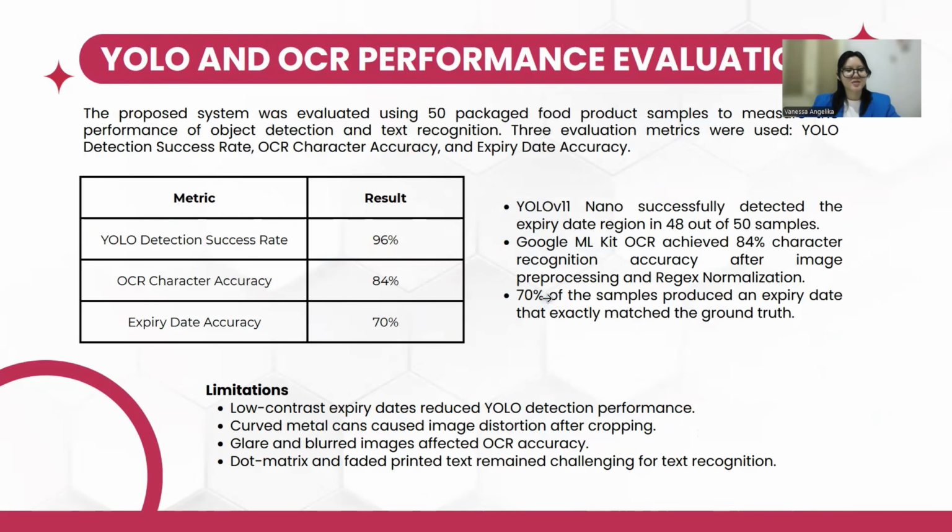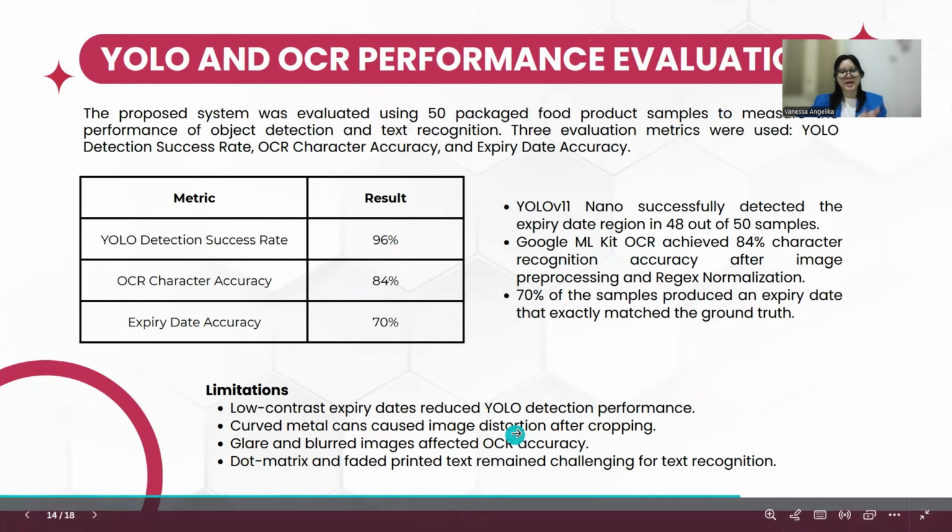Okay, next from this slide, the integrated system was evaluated using 50 packaged food product samples, and the result shows a 96% YOLO detection success rate, indicating that the expiry date region was correctly detected in 48 out of 50 samples.